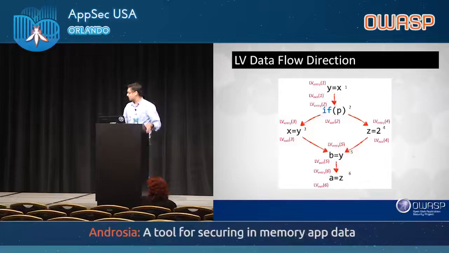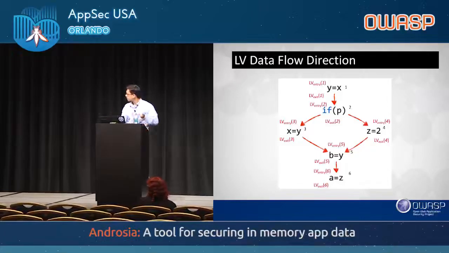So once we have the def and use sets, we are going to compute the live variable sets for every statement. And the way we do it is using a backward flow analysis. What I mean by that is that the live variable sets will be computed in the reverse order of program execution. So we're going to compute LV exit of the last statement first, which will be phi, because there's no variable which will be used after the last statement. So we can safely assume that the live variable exit set for the 6th statement will be phi.